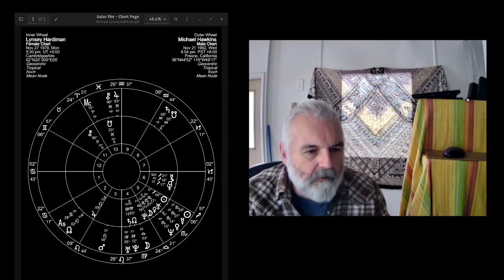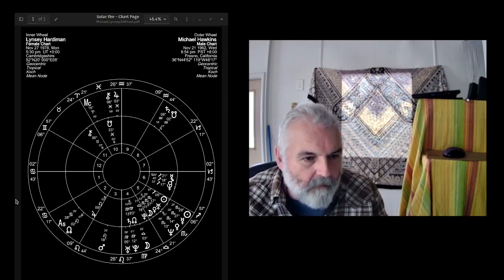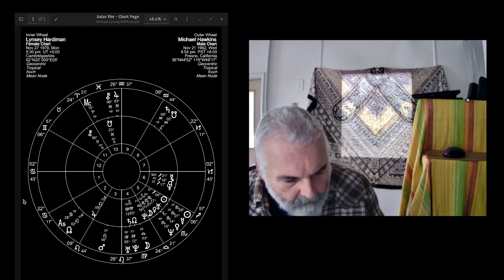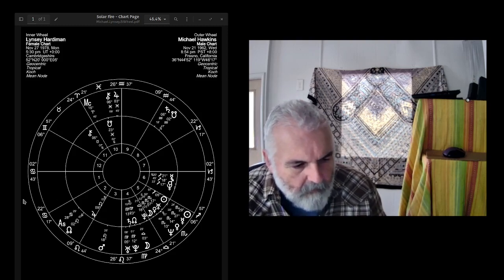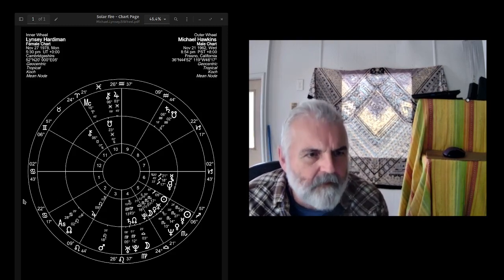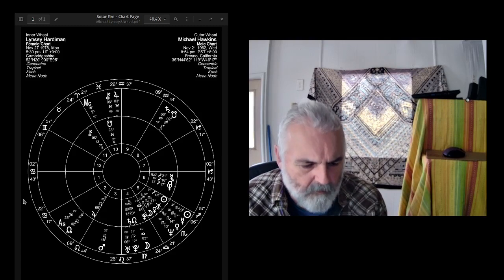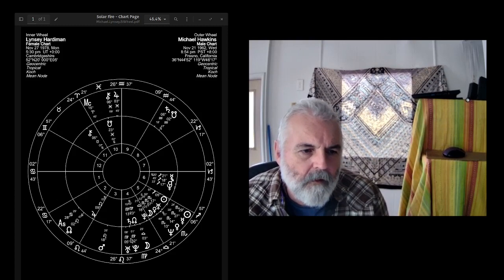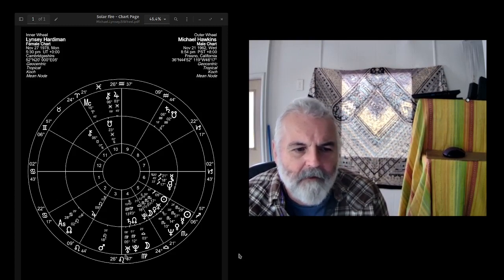The way that it turns out, am I looking at the right chart? No, I'm not. Damn it. Yeah, I am. Why does this look different? Oh, no, okay, sorry. It's still morning. Okay, so I'm trying to use my cursor here. Down in the fourth house, Uranus and Pluto are conjunct Saturn.